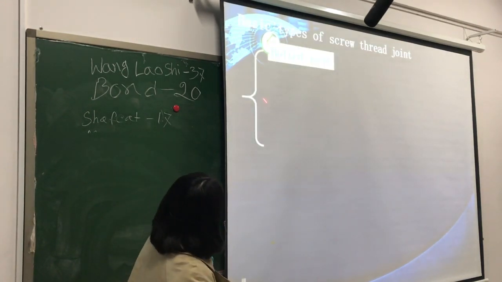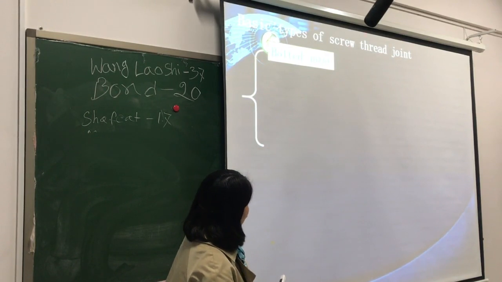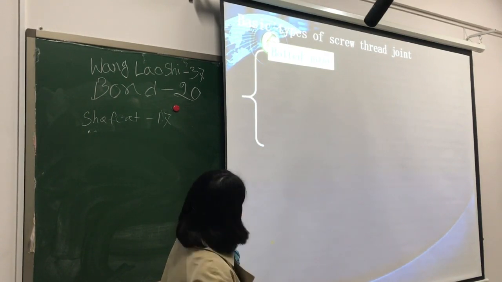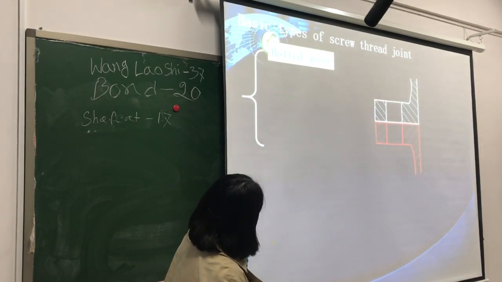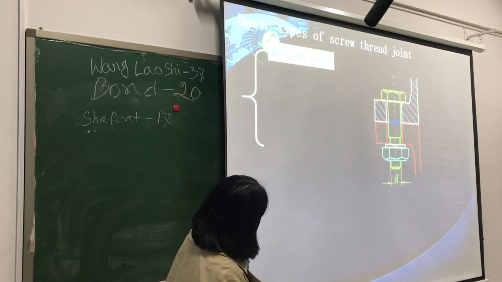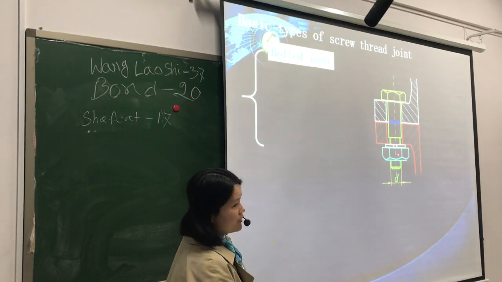This is the basic types of screw thread joint. The bolted joint is a bolt inserted into the hole and tightened by a nut.